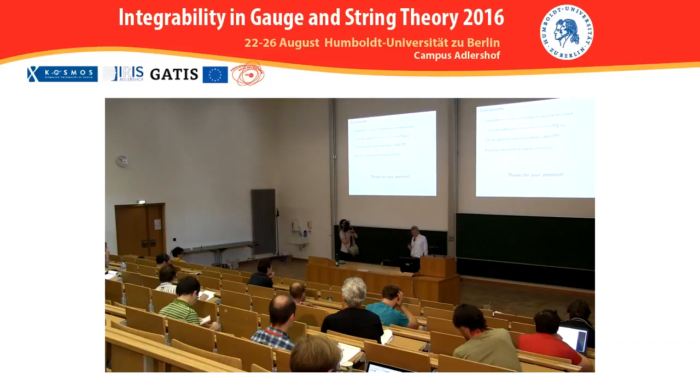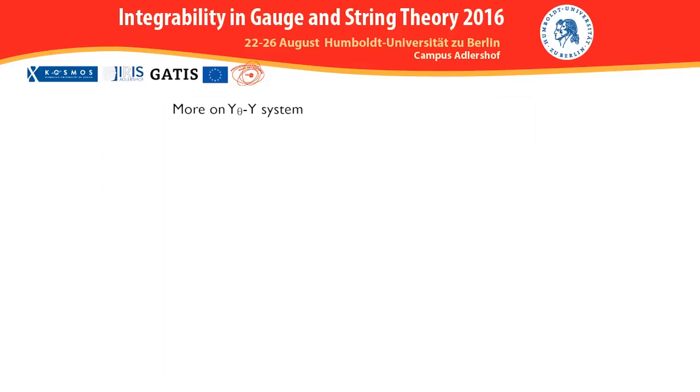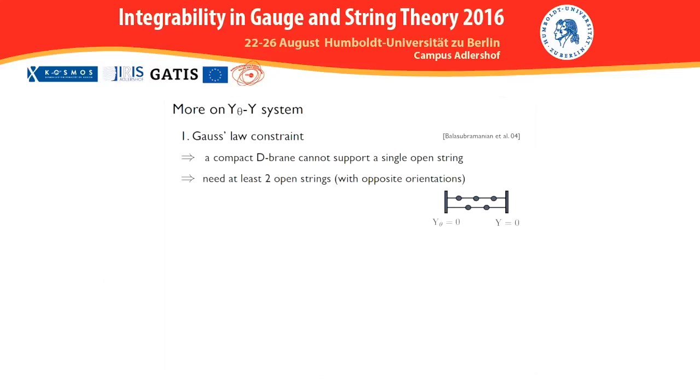Okay, so let me address the first question first. Thank you for the question. Let me say a little bit more about this Y theta Y system. There's a Gauss's law constraint, which tells us, I learned this from Nadav, that a compact D-brane cannot support a single open string.